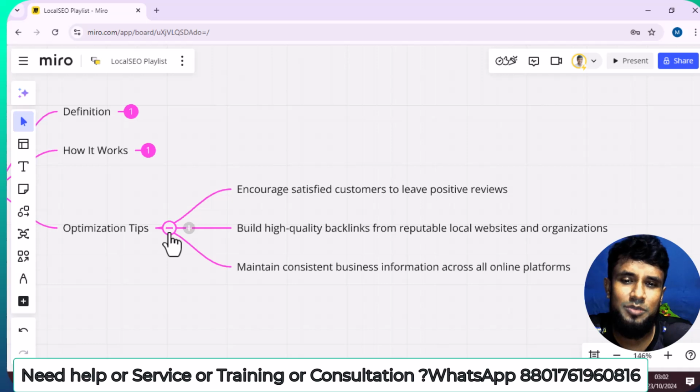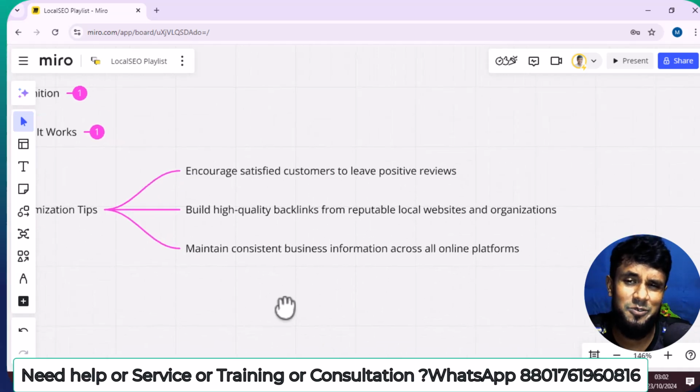Then I will share 3 optimization tips for you. Encourage satisfied customers to leave positive reviews. Build high quality backlinks from reputable local websites and organizations, and maintain consistent business information across all online platforms.